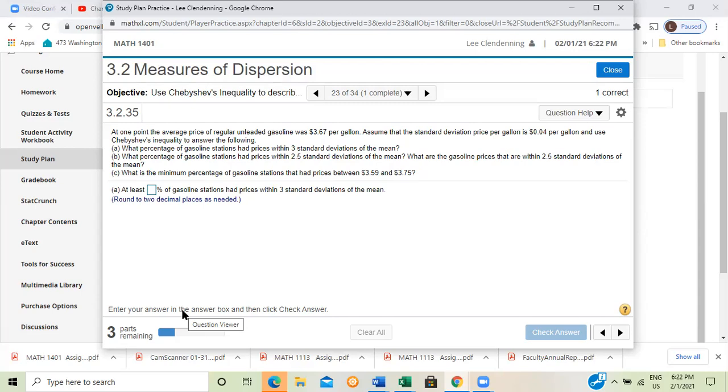Okay, I can't really show you how to work these on this screen. I'll kind of work them under the camera for you, and then you can enter the numbers back here. Once you see it done, you realize it isn't hard. Just a matter of knowing your Chebyshev table.